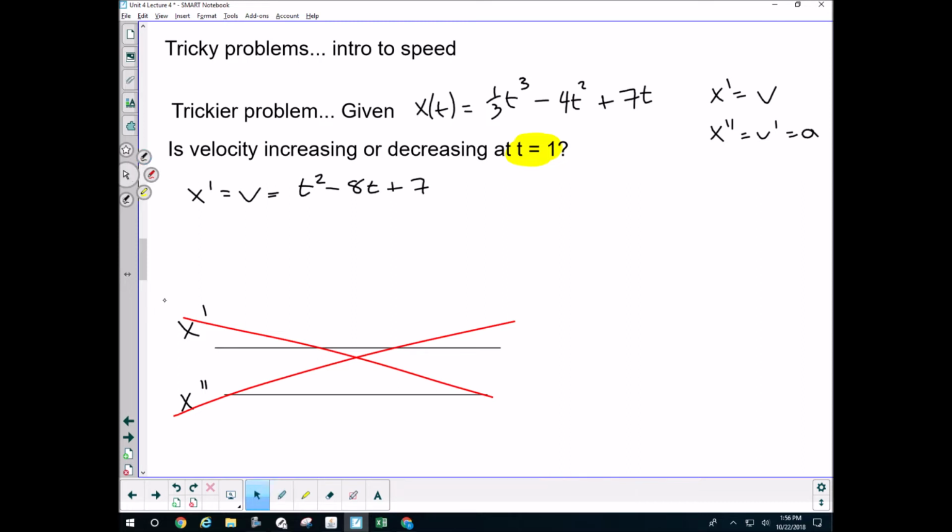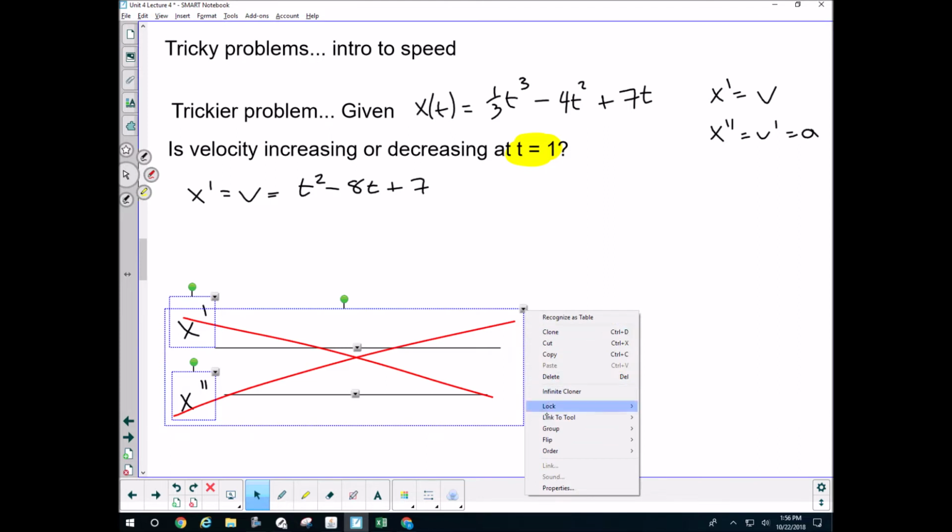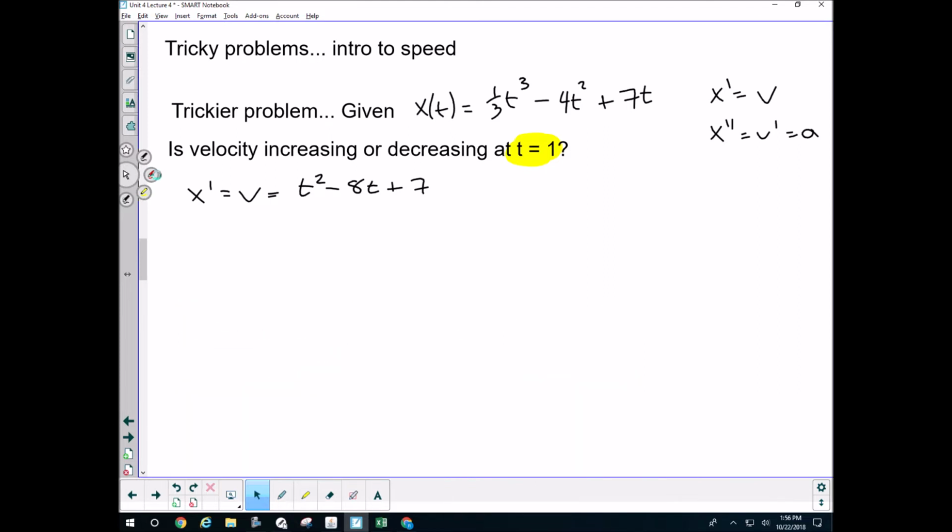And the first thing that they think about doing is plugging in 1. Anybody else get that, have that instinct, right? And you plug in 1, and you get 0. What does that mean? That's what it means. It means that the object is not moving right now, at this moment, okay?